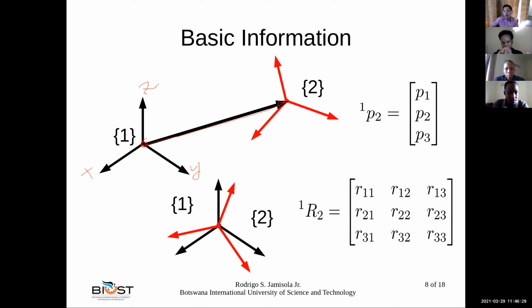Now, in terms of orientation, we don't deal with the magnitude of a vector. We only deal with vectors that are unit vectors. The magnitude is 1. That's the basic difference. So if this was frame 2, the x, y, and z components of frame 2, then we want to express each of these unit vectors.